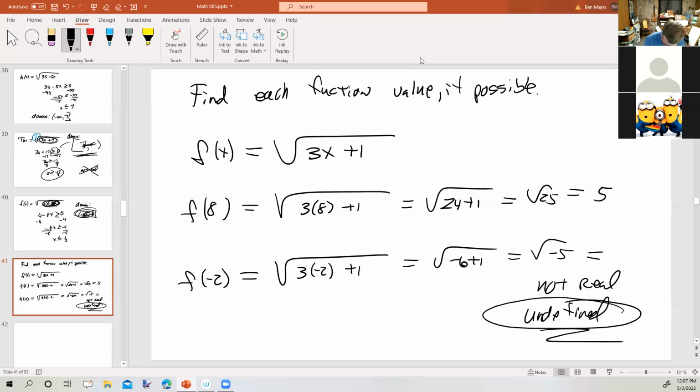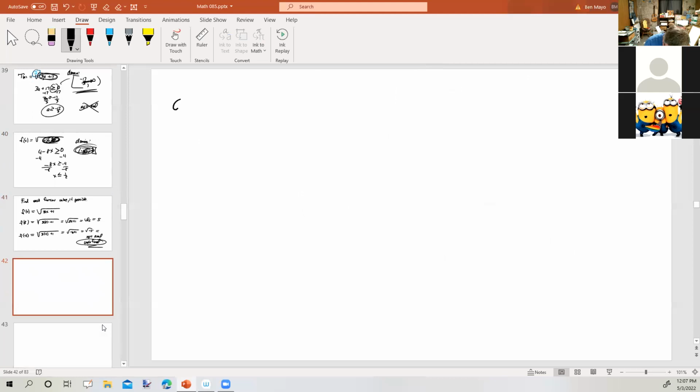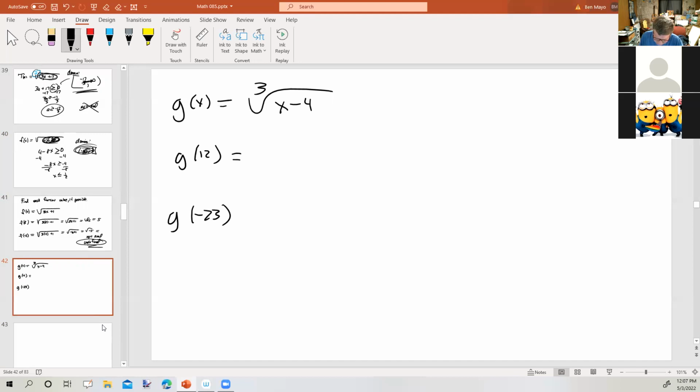Okay, what about this one? G of x equals the cube root of x minus 4. And we're supposed to find g of 12 and g of -23. Okay.